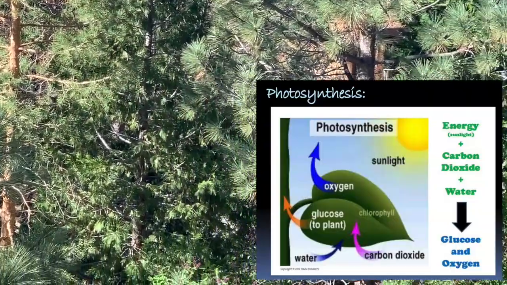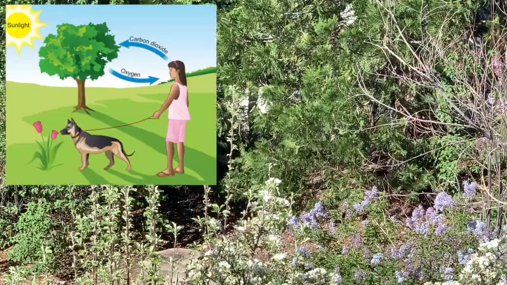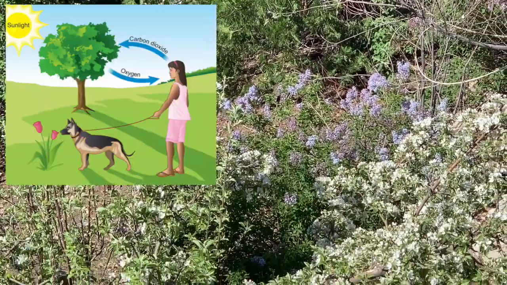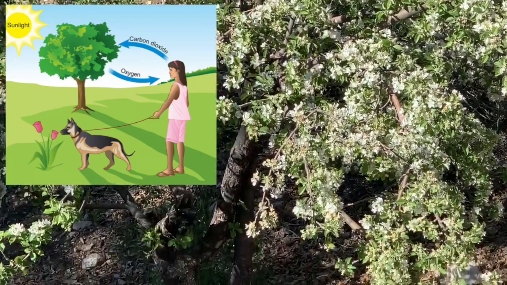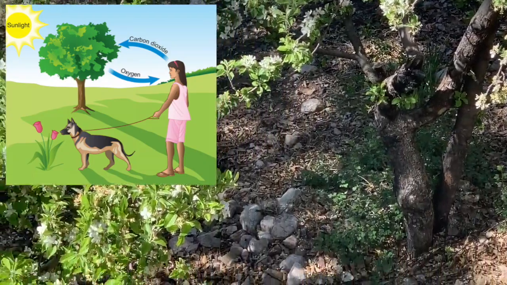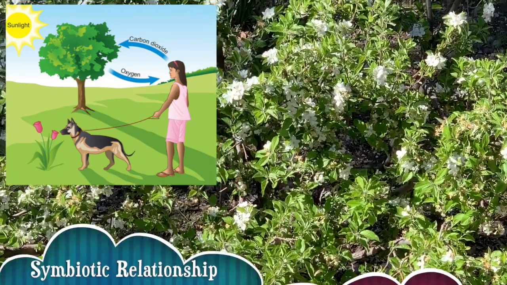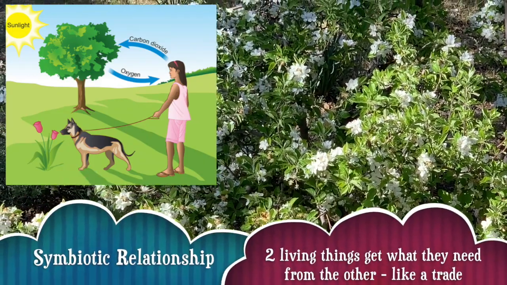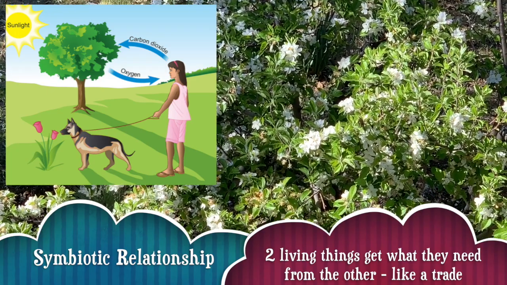Leaves also release the oxygen for us to breathe. Our waste of carbon dioxide helps plants grow, and plants' waste of oxygen help us live and grow. We have a symbiotic relationship. What we don't need, they need, and what they don't need, we need.